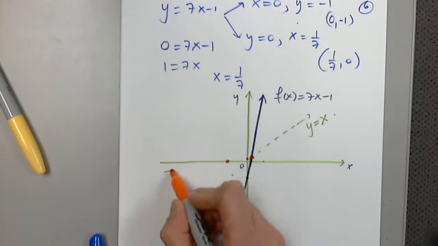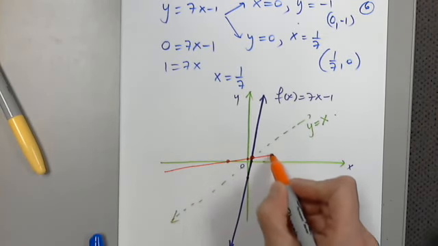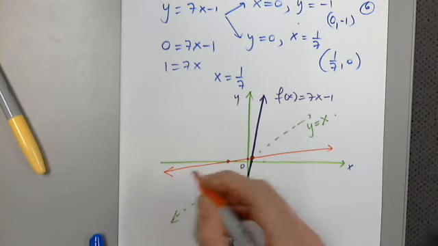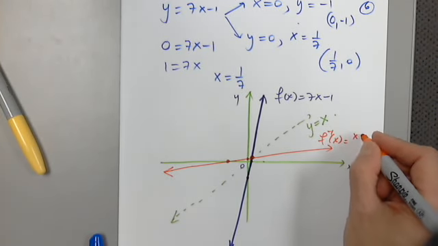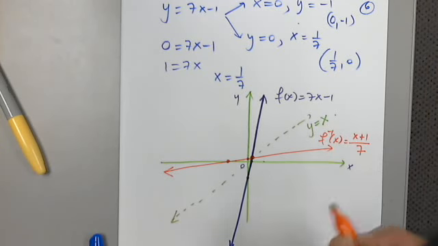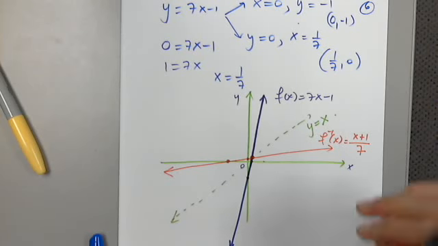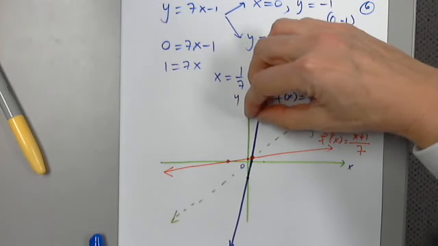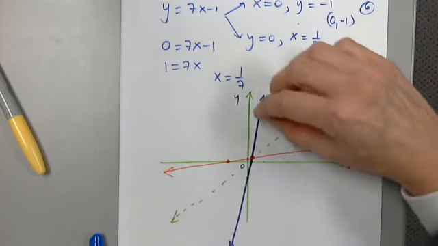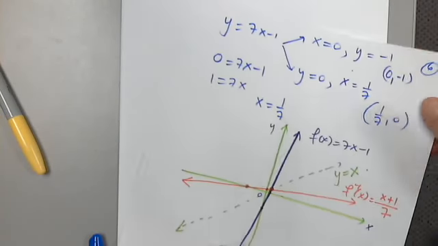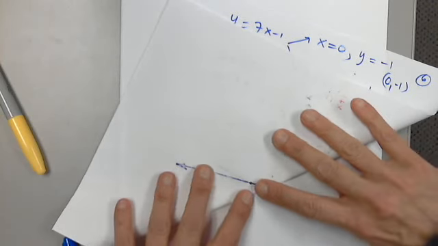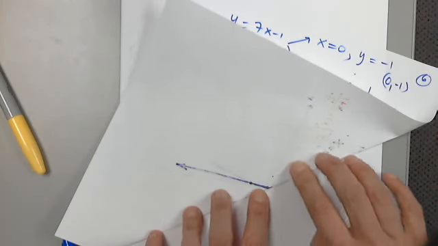And this is the graph. So this is f inverse of x, x plus 1 divided by 7. The graph is not perfect. As you see, I have a little bit narrower portion here than here. The graph should be absolutely perfect, and they should overlap. My graph is far from being perfect, as you see.